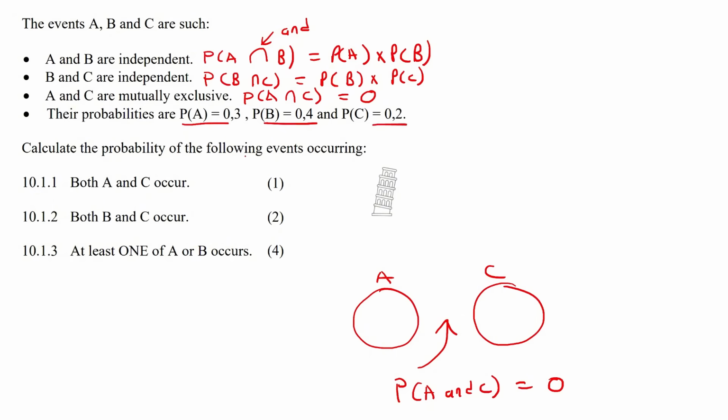Okay, calculate the probability of the following. A and C. Well, that would be 0, because we just said over here that A and C must be 0. B and C occur.